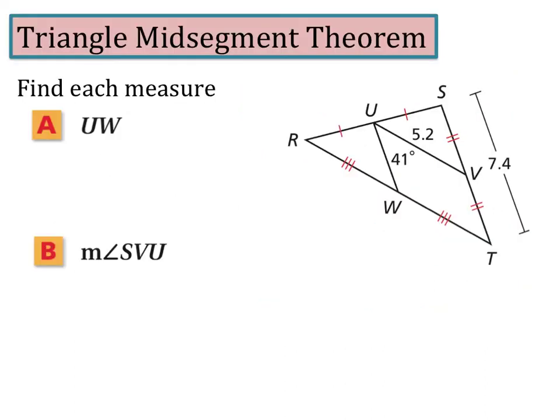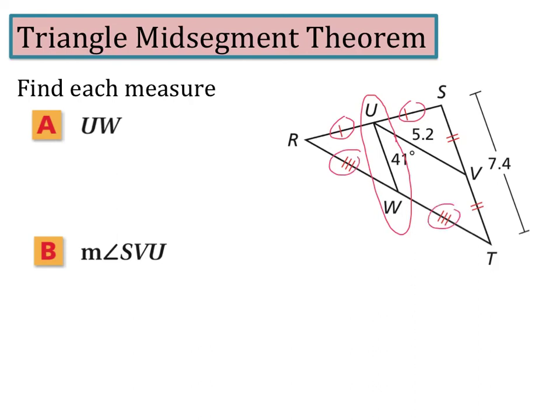So let's practice using the midsegment theorem. So first thing I'm looking for is the length of UW. So UW is a midsegment, and I can tell because here U is the midpoint of side RS, and W I know is the midpoint of side RT.